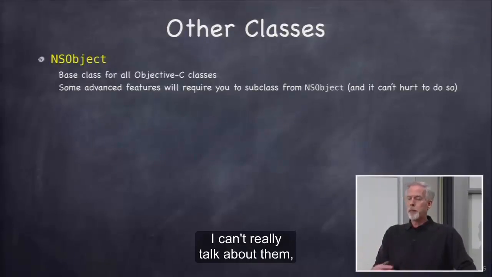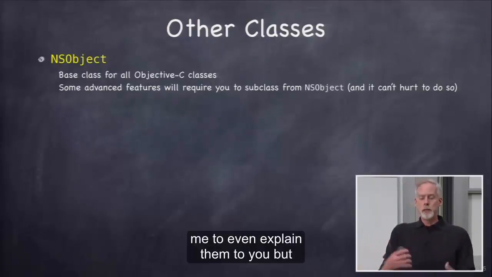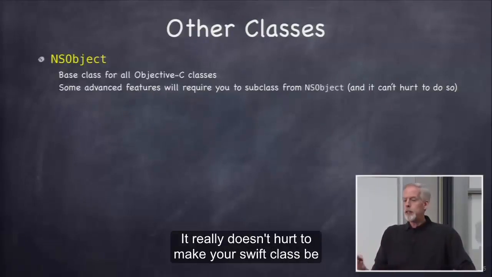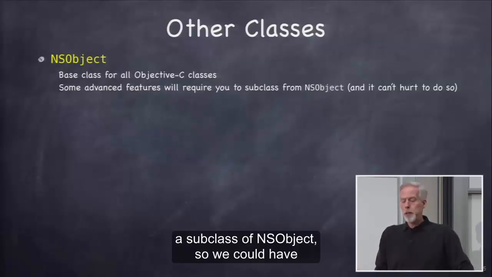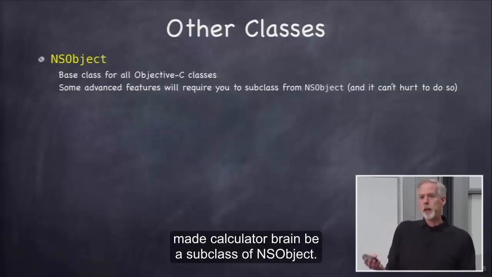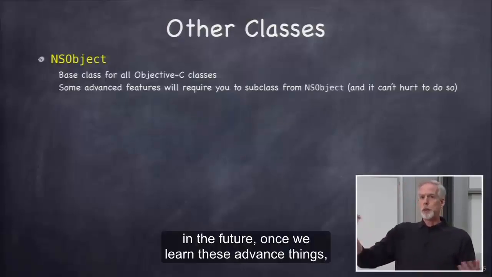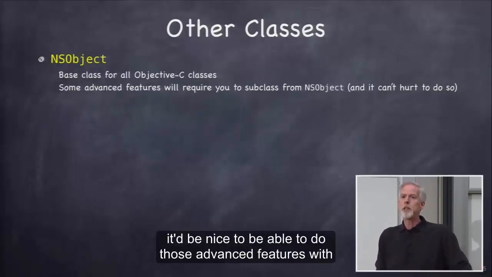I can't really talk about them because there are other things you need to know for me to even explain them to you, but down the road that will happen. It really doesn't hurt to make your Swift class a subclass of NSObject, so we could have made CalculatorBrain a subclass of NSObject. It wouldn't have hurt, and in the future, once we learn these advanced things, it'd be nice to be able to do those advanced features with CalculatorBrain.